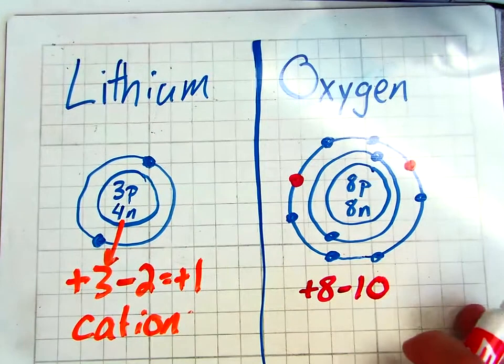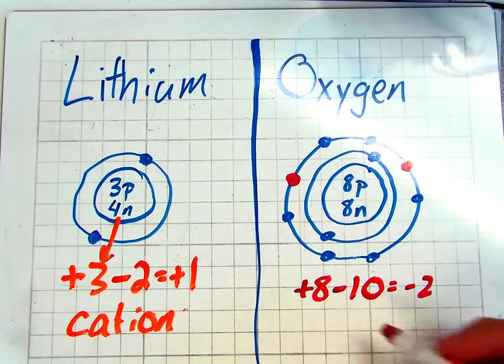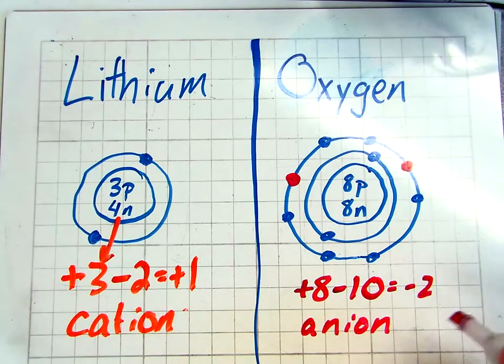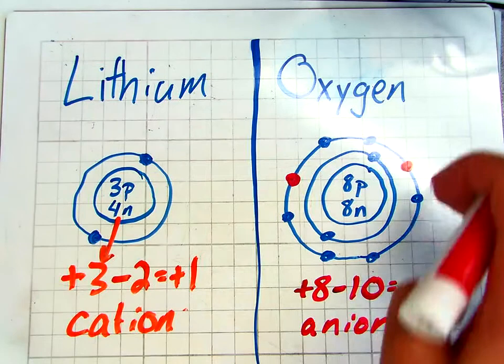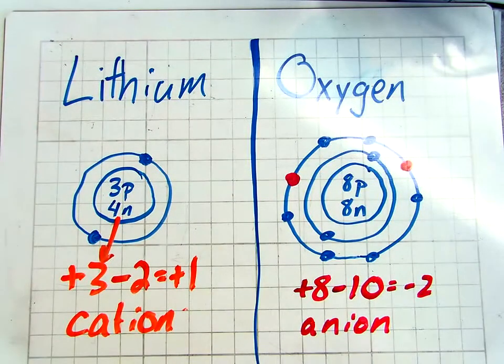So 8 minus 10 is going to give you a -2. So oxygen is what we would call a -2 anion. So it's a negative ion because it's gained 2 electrons. So gaining something negative like an electron is going to make it negative.